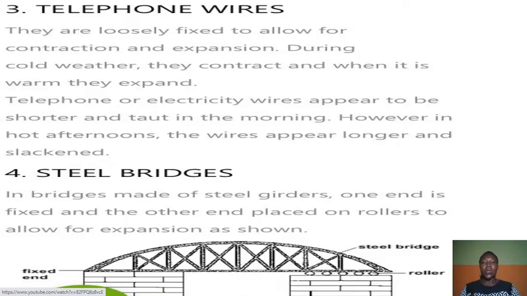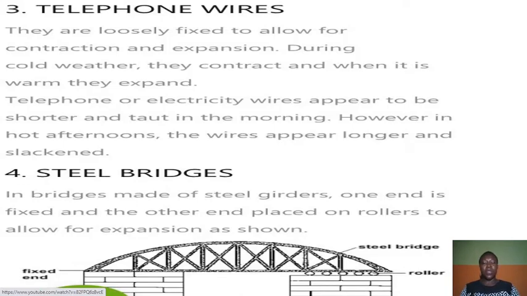But we can use other examples such as the power line and the other different wires that bring electricity into the main building. During cold weather, they contract, and when it is warm, they expand, making them look saggy. When we see them in the afternoon, they appear longer and slackened, but in the morning they are shorter and stout.